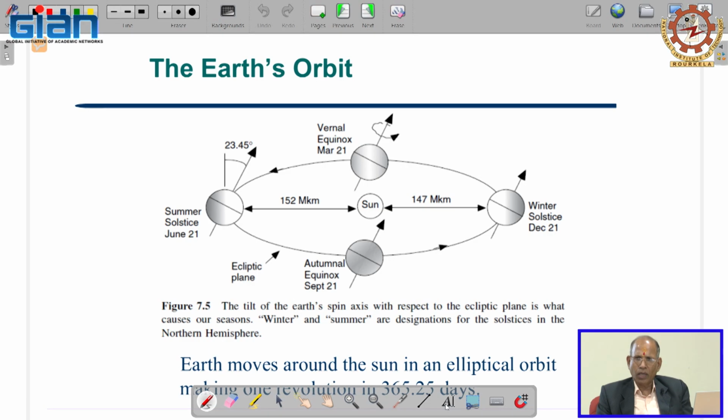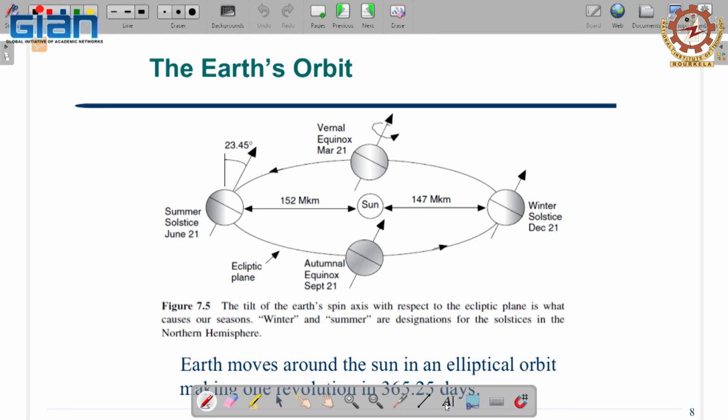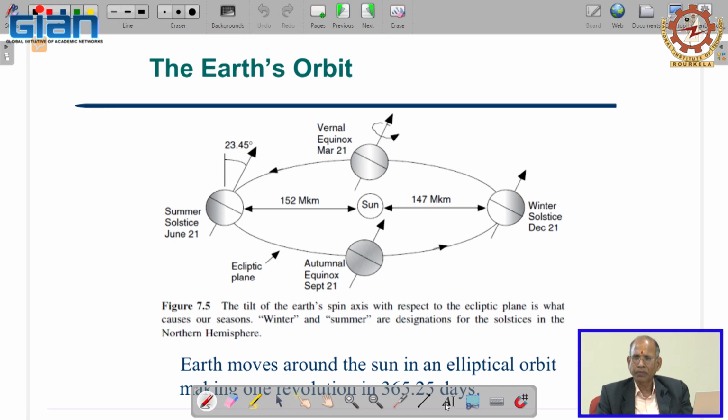So here, as you know, the Earth orbit, how the Earth moves around the sun, how much is the Earth distance. So you'll find very interesting information. We would have studied this long back in physics, but we do not recall it every time.